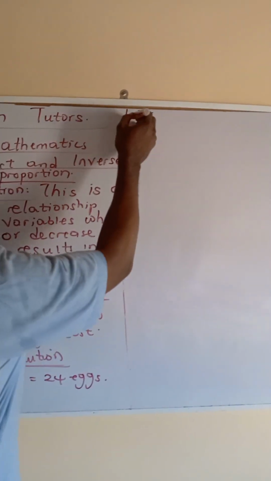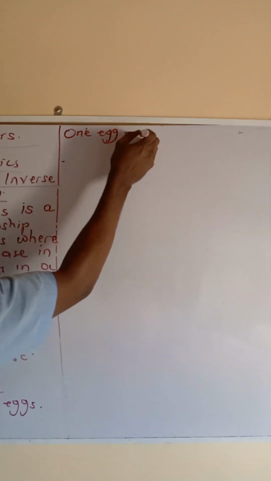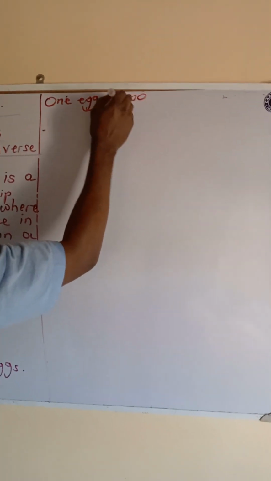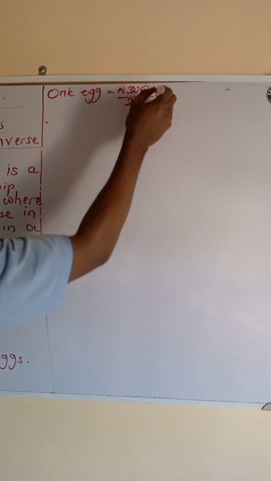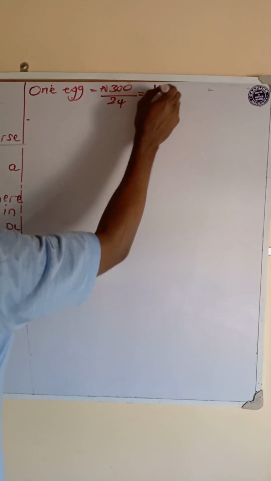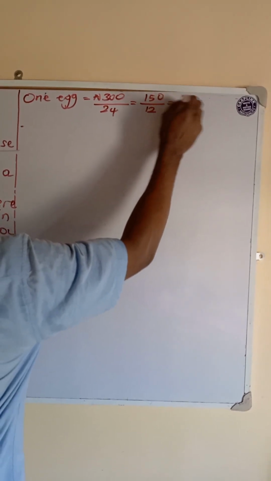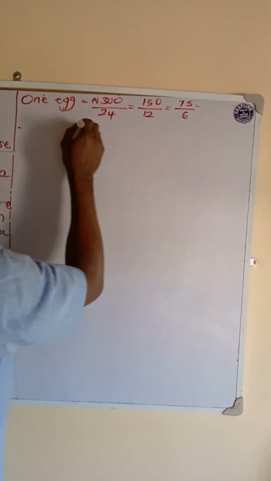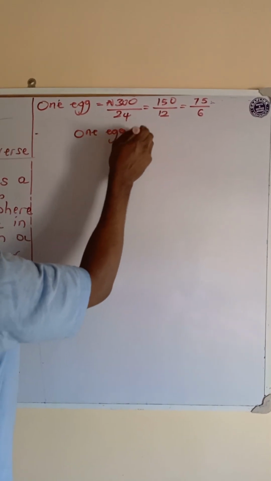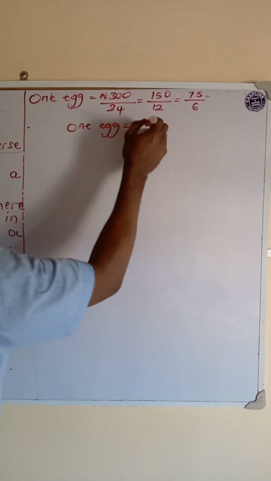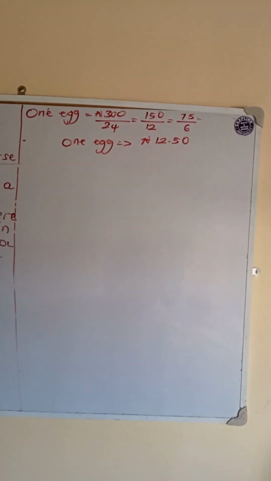Now one egg will give me 300 naira divided by 24. This is 150 divided by 12, 75 divided by 6, and then 1 egg will cost 12 naira 50 kobo for 1 egg.